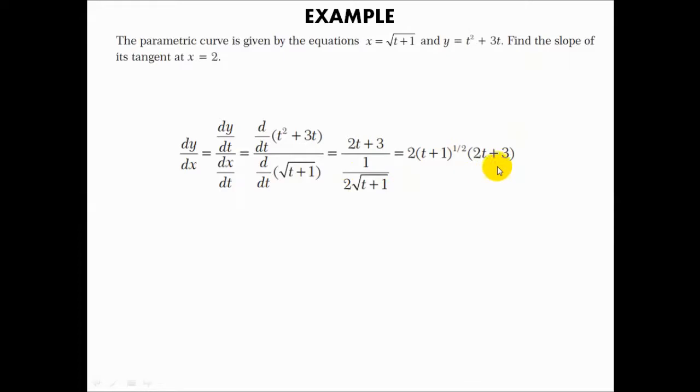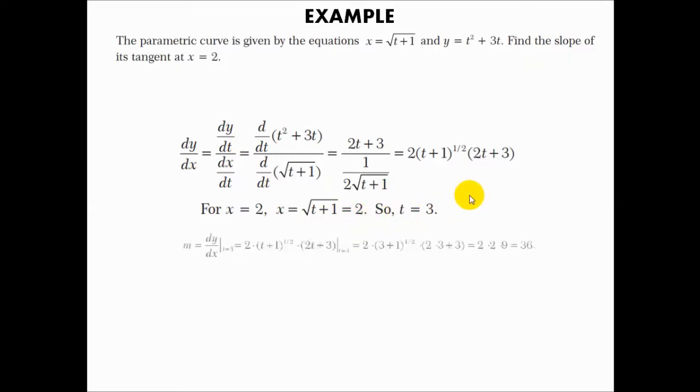Once we know dy over dx, the next step is to find t for x is equal to 2. From 2 equals the square root of t plus 1, we get t plus 1 is equal to 4, so t is equal to 3.